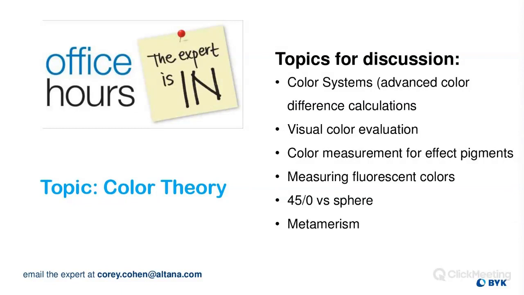So I will say that D65, the daylight illuminant, is by far the most commonly used illuminant for QC. But it does pay sometimes to think about your product and where your product is being used, where your product is being viewed or purchased, and make sure that it looks good under those light sources as well.